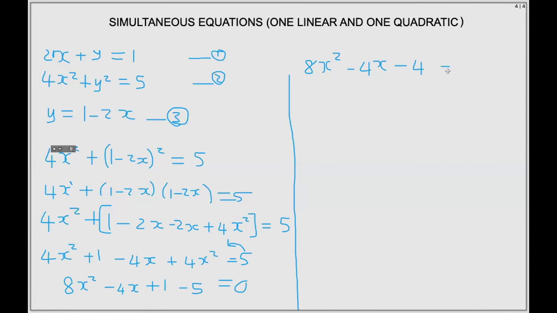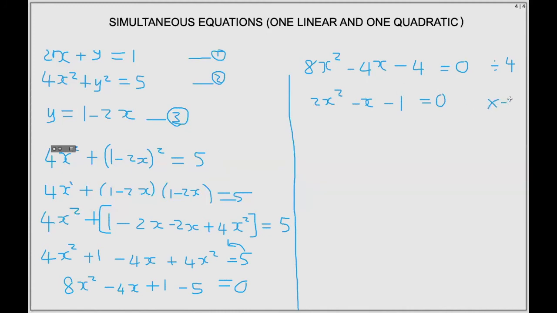Now this equation can be simplified further, where I can divide it by 4, reducing it. And we're dividing the entire equation. So 8x squared divided by 4 gives us 2x squared, minus 4x divided by 4 gives us negative x. And minus 4 divided by 4 gives us negative 1, and 0 divided by 4 gives us 0.